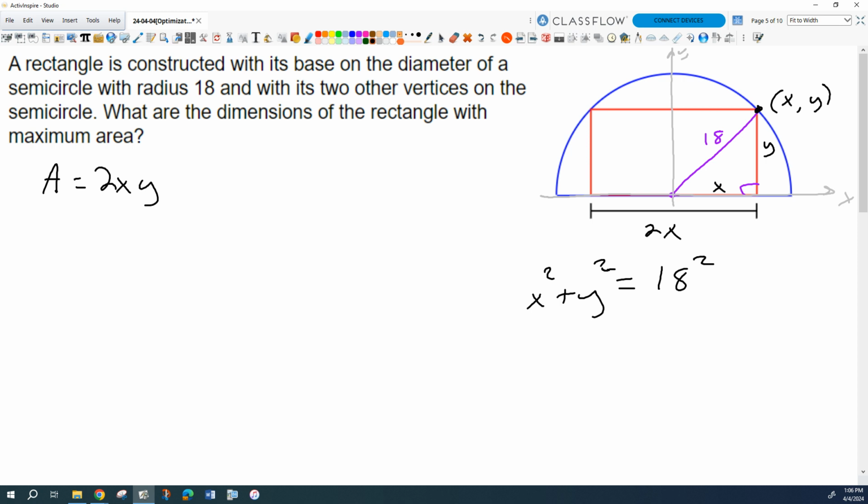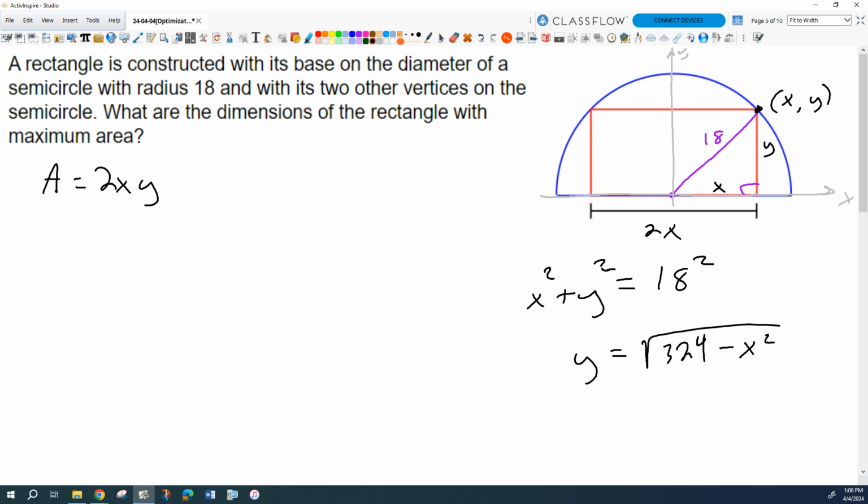Like we could solve for, doesn't make any difference. What if we solve for y? If we solve for y, we would just get y equals the square root of 18 squared, so was that 324, minus x squared, right? Okay.